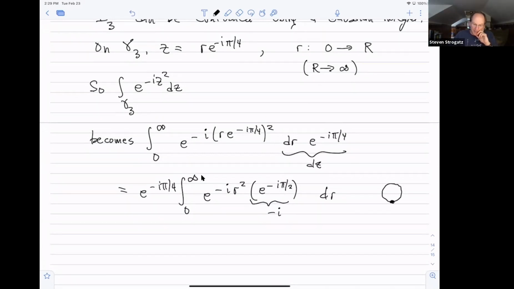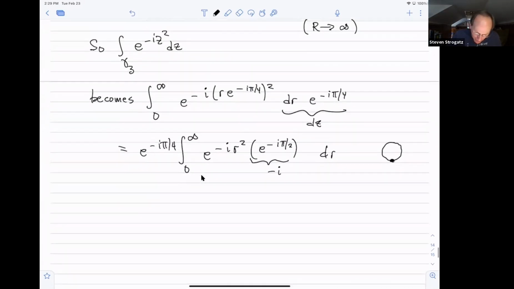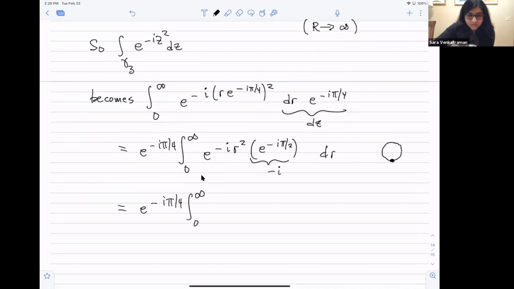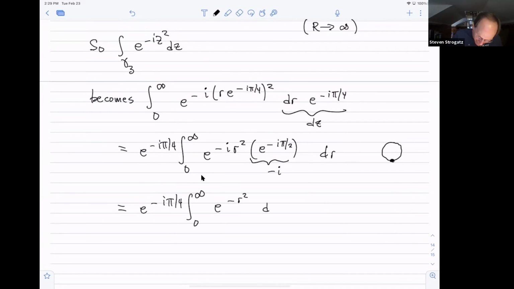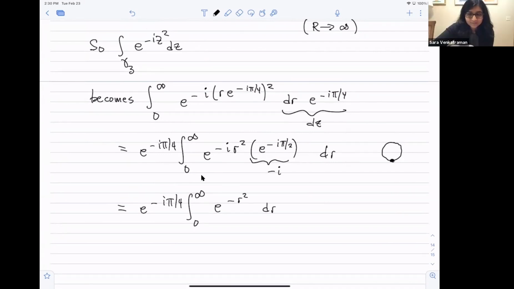So that's minus i, and then that minus i times the other minus i in the exponent just gives you a 1. It gives you a thing you see in statistics. That gives me an e to the minus r squared dr. Oh, and now we have a Gaussian integral. And that's the Gaussian integral.